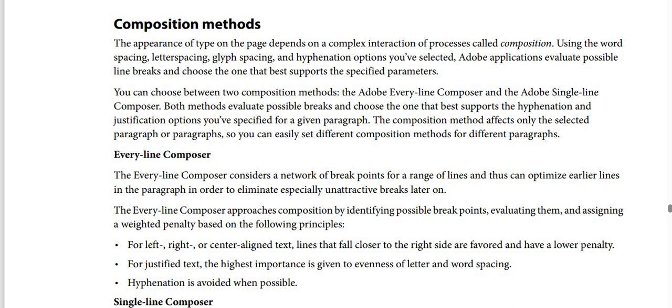You can also choose between two composition methods, the Adobe Every-line Composer and the Adobe Single-line Composer. Both methods evaluate possible breaks and choose the one that best supports the hyphenation and justification options you have specified for a given paragraph.